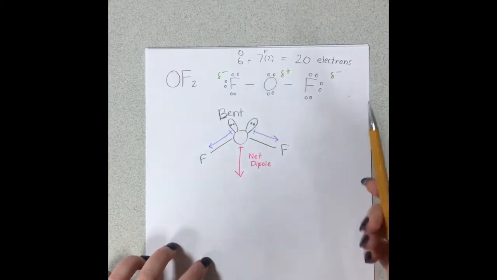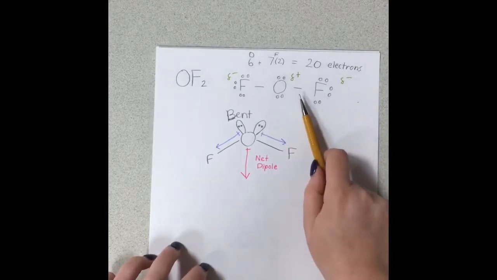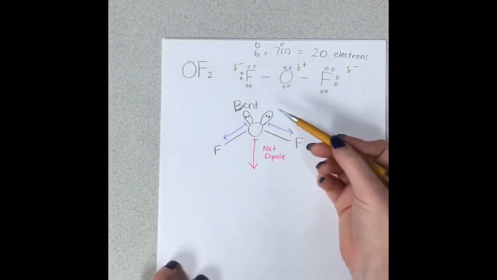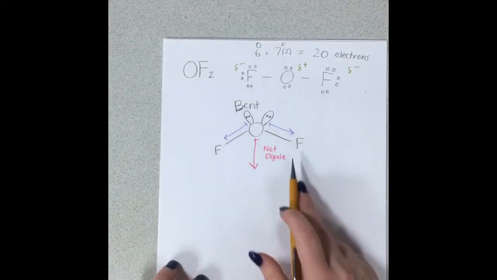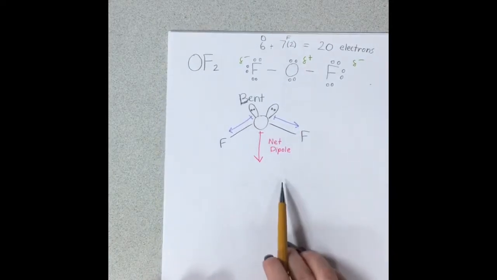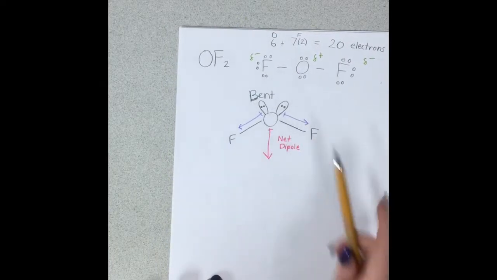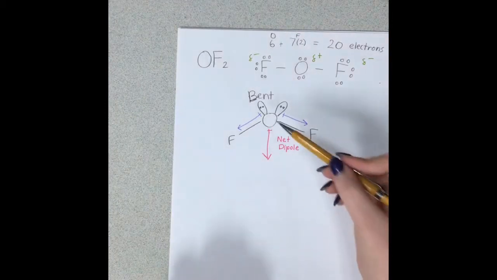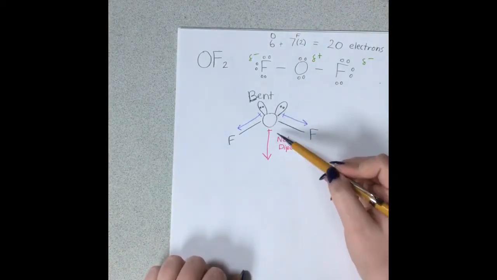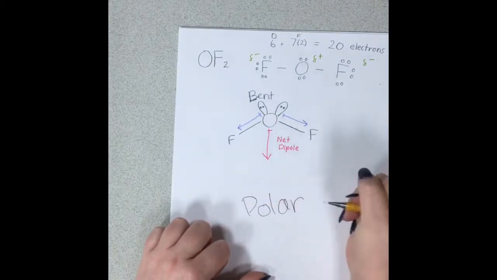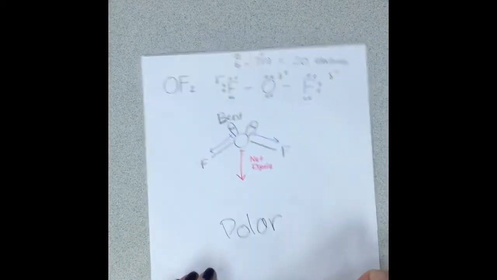That is a common mistake people will make. In fact, if you draw the molecular geometry out, you'll see that it is bent, as it has 2 lone pairs. This will create a net dipole, which will make the molecule polar.